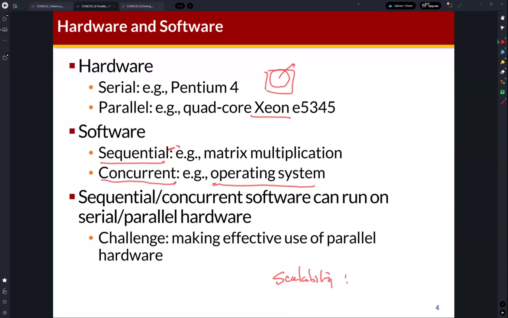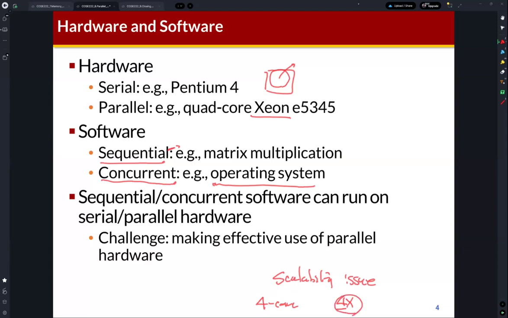For example, if we just use a four-core CPU, then we can expect that the performance can be improved by 4 times, right?